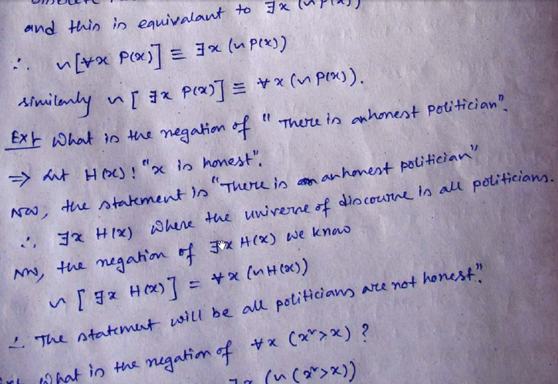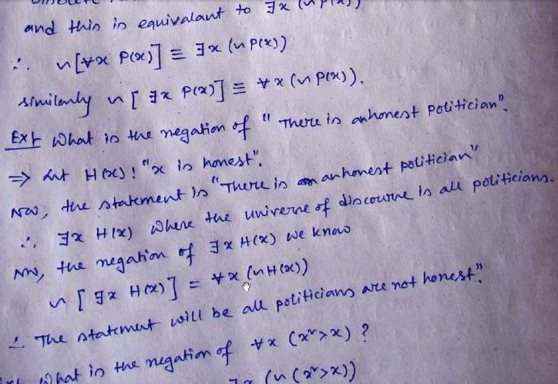Now if we want to take the negation of there exists x, hx, we already know that the negation of there exists x px is equivalent to for all x, negation of px. So similarly it will become for all x, negation of hx, according to this formula.